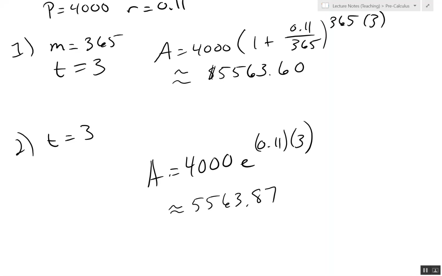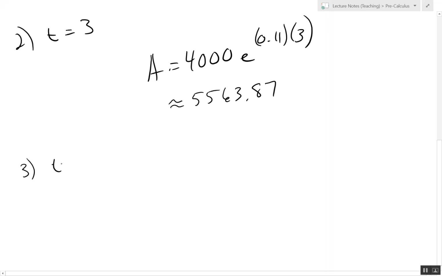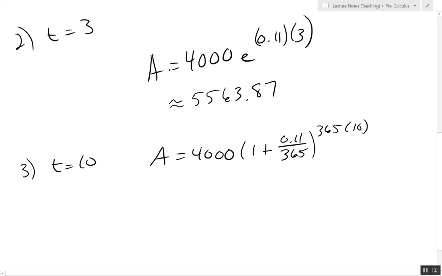But if you look down the road, let's change this to 10 years. So let's do an example 3 and compare this at t equals 10. So we'll get A equals 4,000 times 1 plus 0.11 over 365, raised to the 365 times 10.